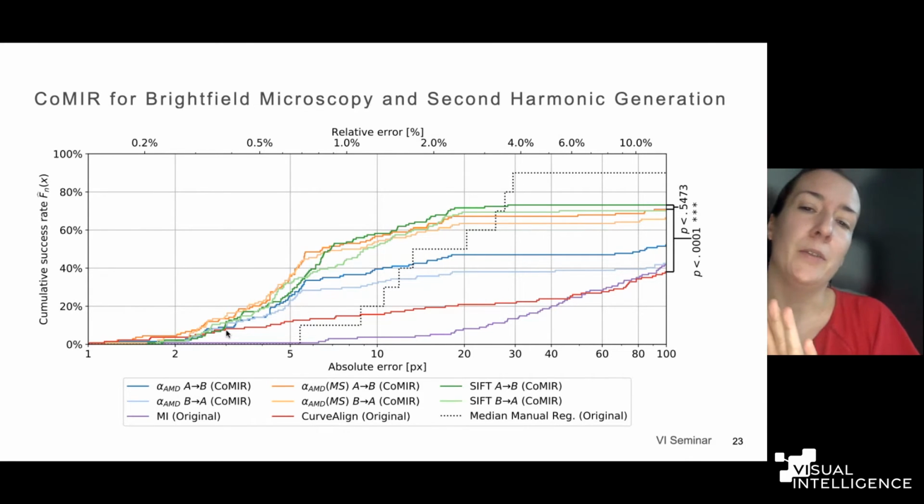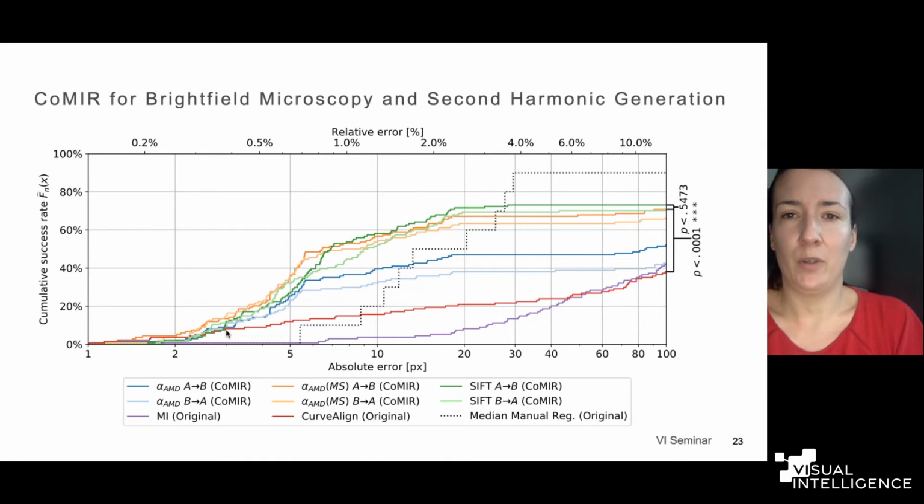But what one has to consider with these images is that they are actually never captured in the same microscope. So the ground truth is already manually annotated. So we can't really expect a 0 pixel error. So what we also had is a small user study with, now I don't remember, like 10 annotators, I think, that annotated a subset of our test set. And that's given with these dotted lines.